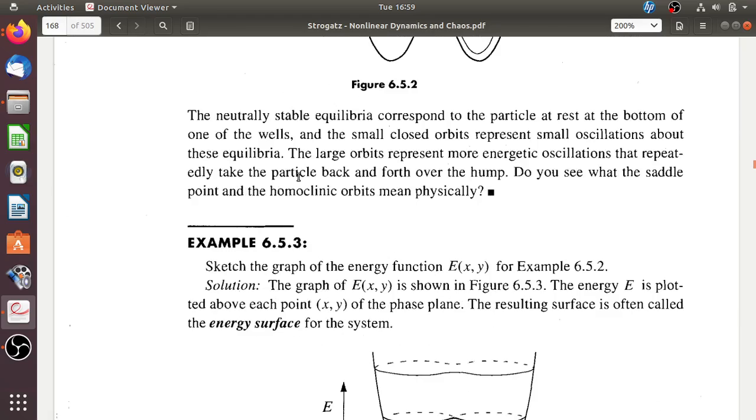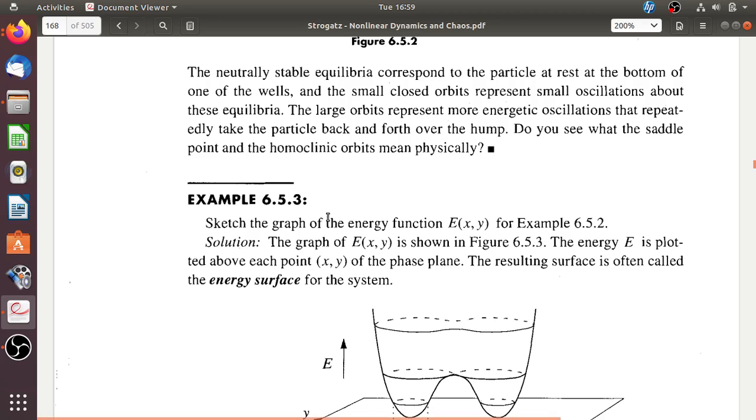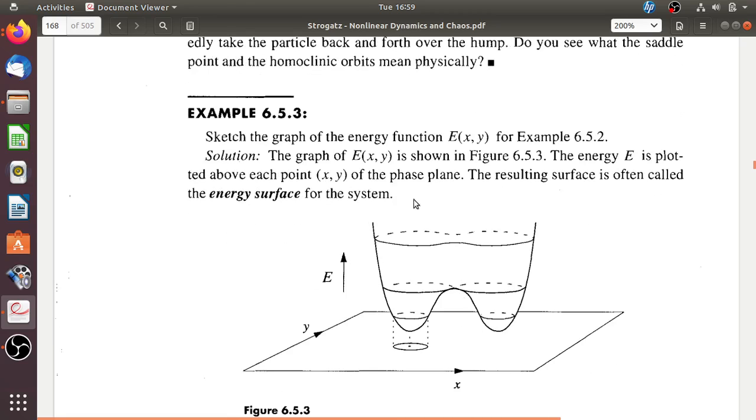In order to do that, we are going to plot this function E(x, y), considering x and y in one plane, and in the place of E, I will consider z. Each z value represents one of the E values.